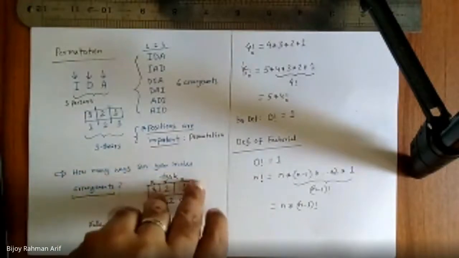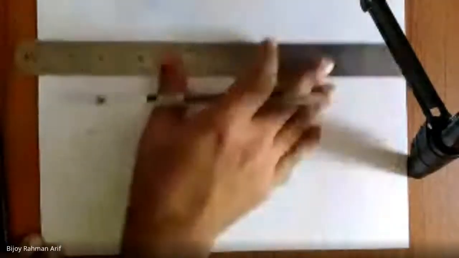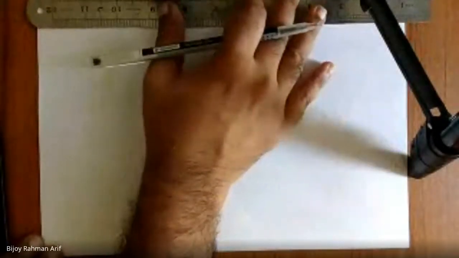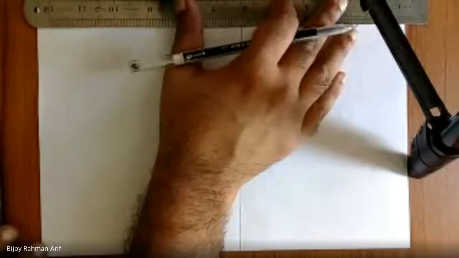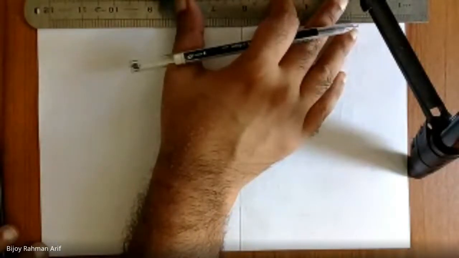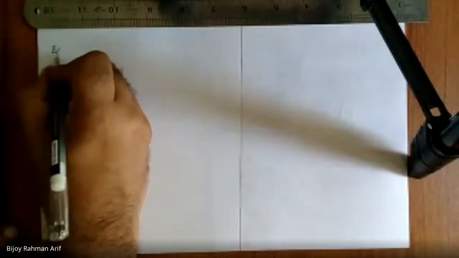Now let's define permutation formally. Before that, let's do another problem.